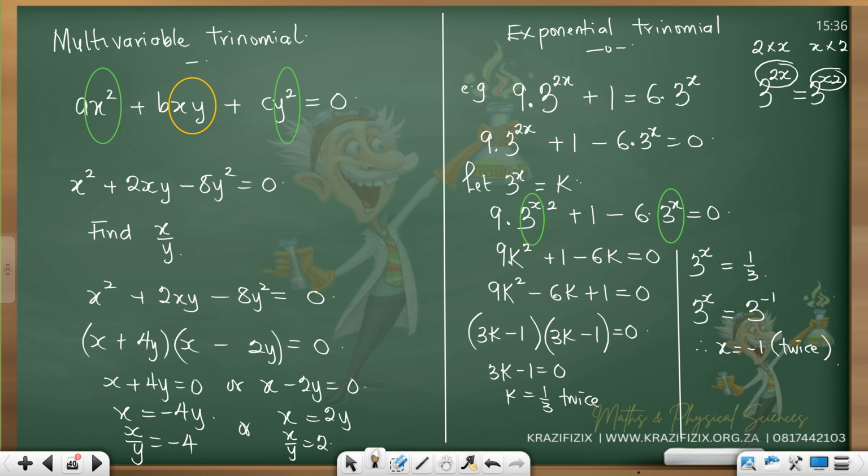Look at how beautiful this question is. Lovely. Did it make sense to you? It is a disguised trinomial. Everything is just coming back to trinomial. This one is about 5 marks.